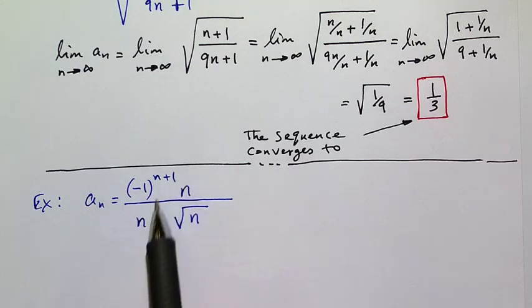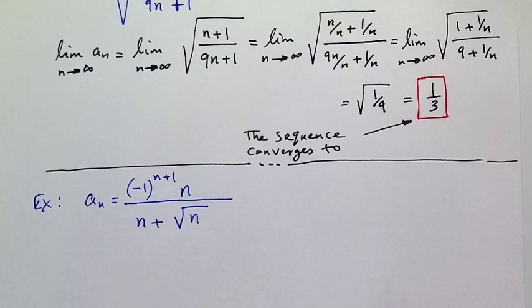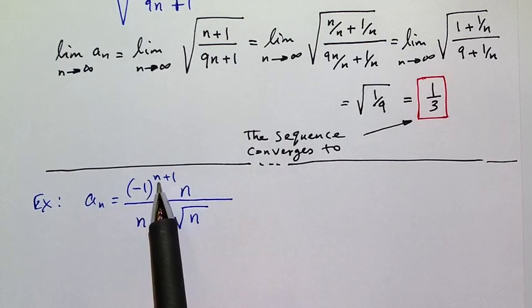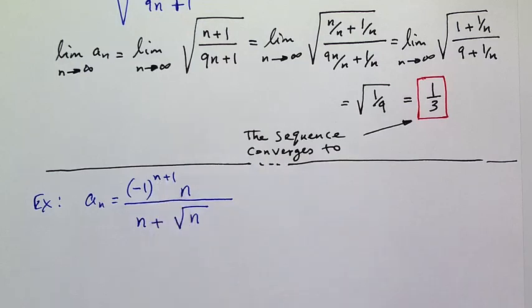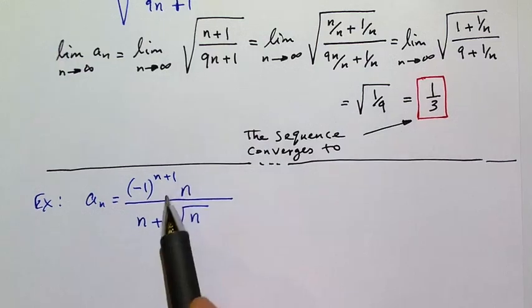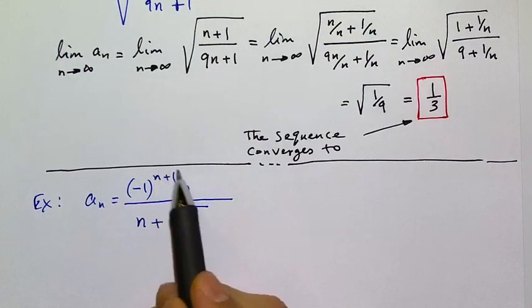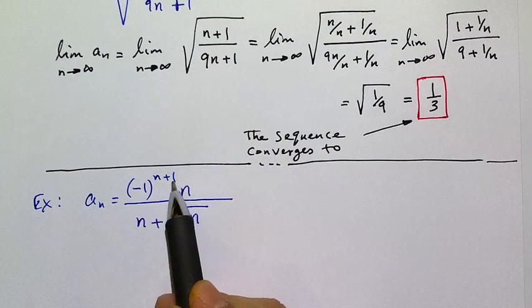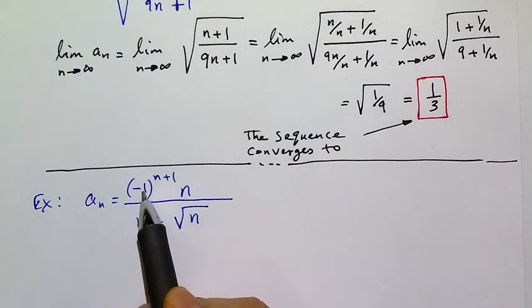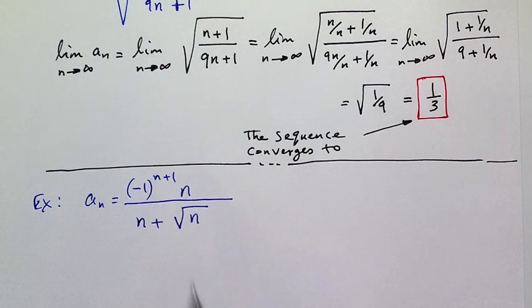So this minus drops out. So for odd numbered terms in the sequence, we get positive values. But for even numbered terms, such as the second, the fourth, the sixth, and the eighth, and so on, we will get an odd power when we add 1 to it. So this -1 is preserved, and we will get negative terms in the sequence. That's all what this is doing.